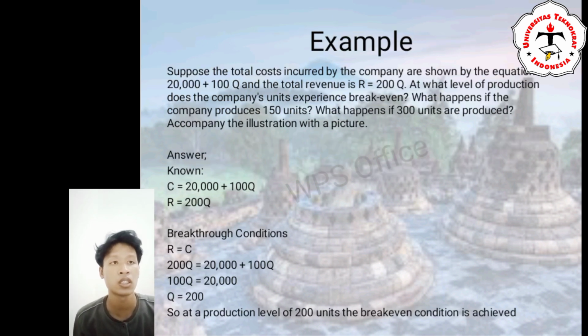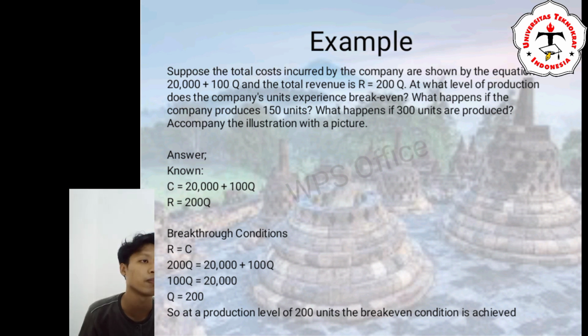Example: suppose the total cost incurred by the company is given by the equation C equals 20,000 plus 100Q, and the total revenue is R equals 200Q.